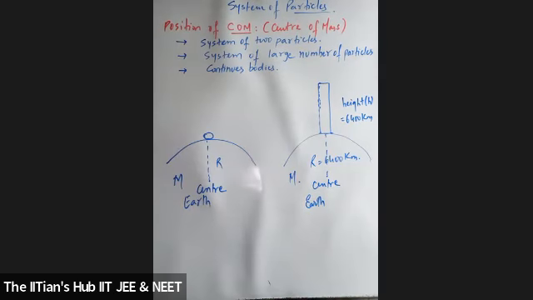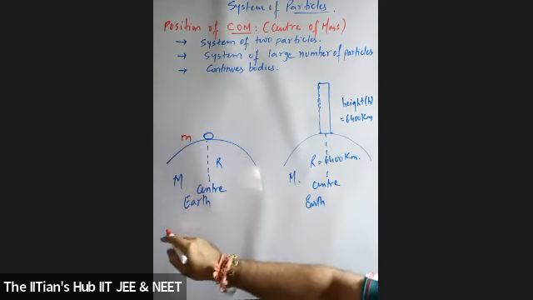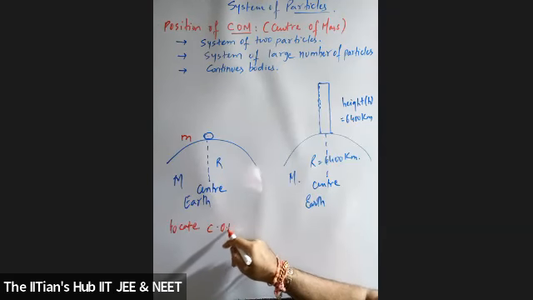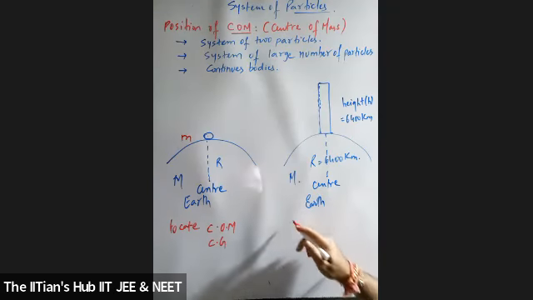Yes, sir. Tell me, students, in the first case, in the first diagram, if this particular body of mass m is placed on the earth's surface, I want you to locate the center of mass and center of gravity.